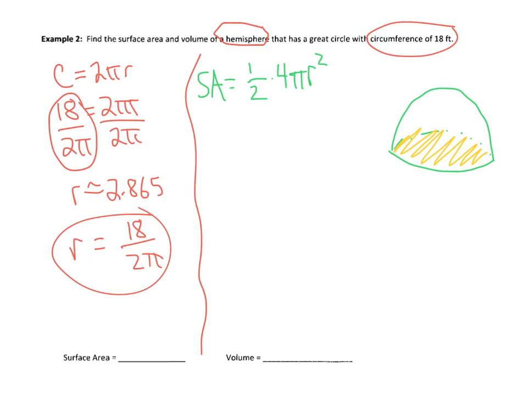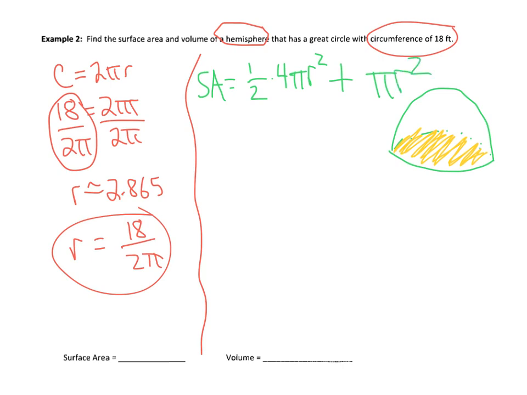So that means you would have to color the outside rounded part and you would have to color this base. And let's say you want it all orange.